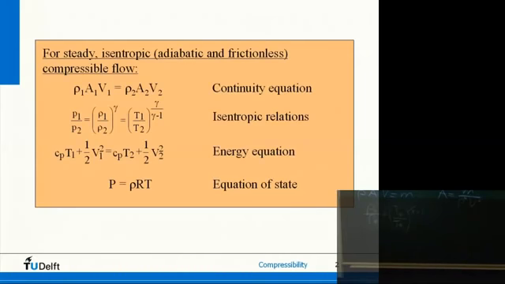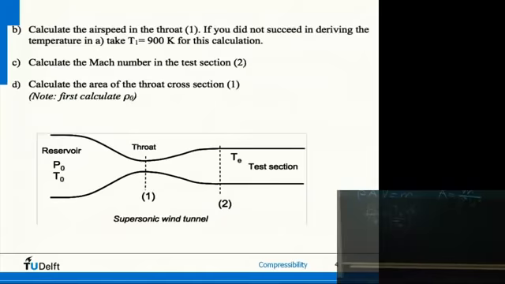So rho 1 over rho 2 to the power gamma, the isentropic relations, is equal to T1 over T2 to the power gamma over gamma minus 1. What I did is I took the gamma-th root of this. If I had taken the pressure, of course it's true, but I'm looking for density versus temperature.